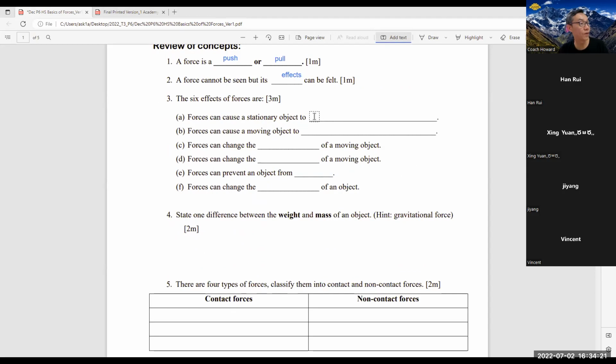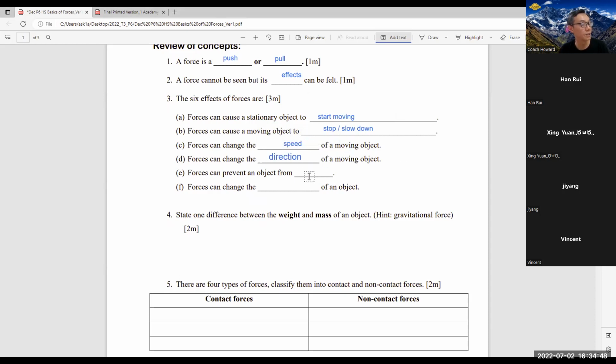Okay, six effects of force. A force can cause a stationary object to start moving. Forces can cause a moving object to stop, or we can say slow down. Forces can change the speed of a moving object, change the direction.